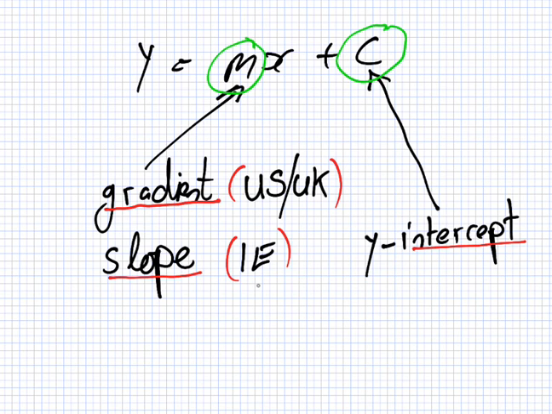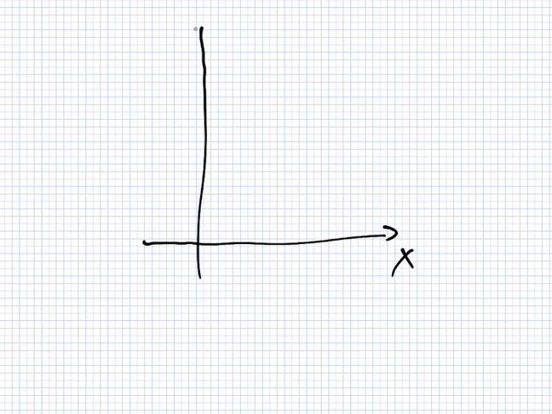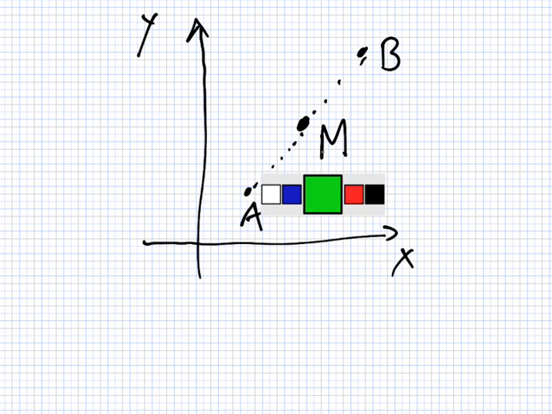I'll do a little bit more vocabulary, just one more piece of vocabulary, and then we'll start looking at some questions and problems. So the last piece of vocabulary I just want to do with you before moving on. Here is my x-axis, here is my y-axis, here is point A, here is point B, and this point here, which I'll call M, is in the middle, and this has a special name.